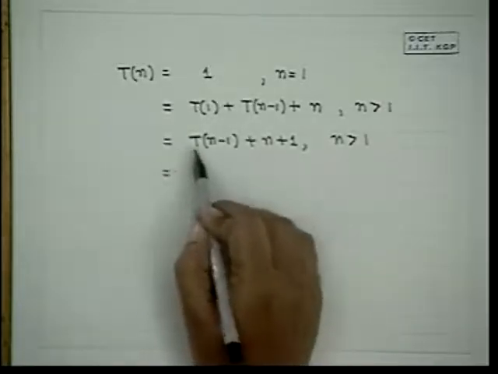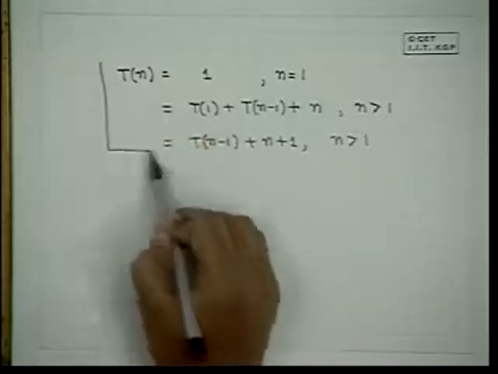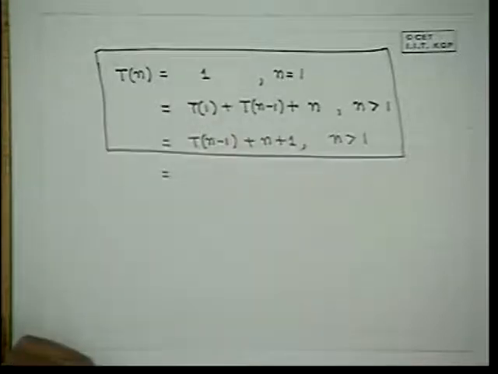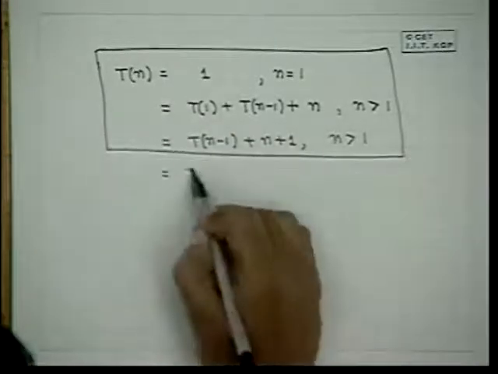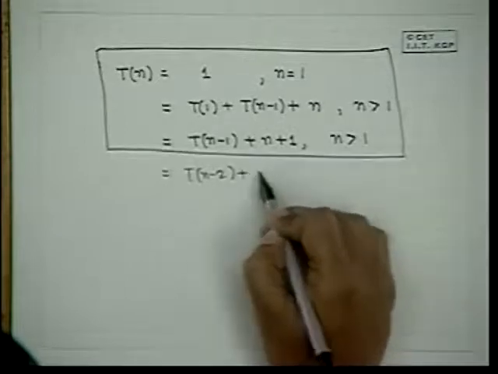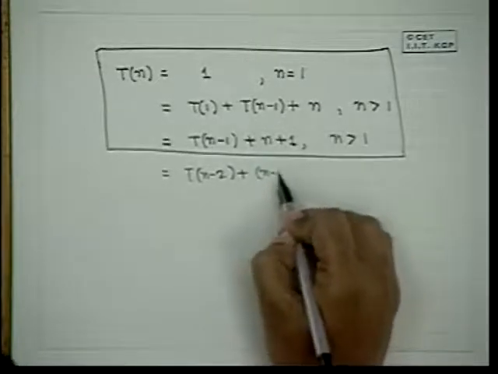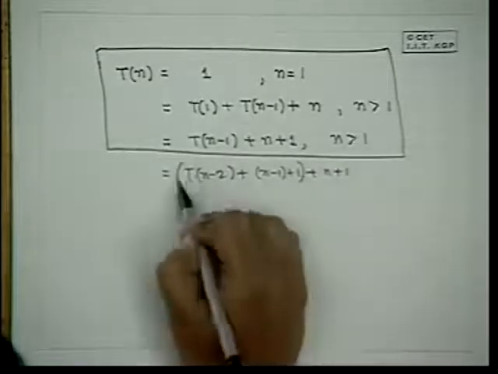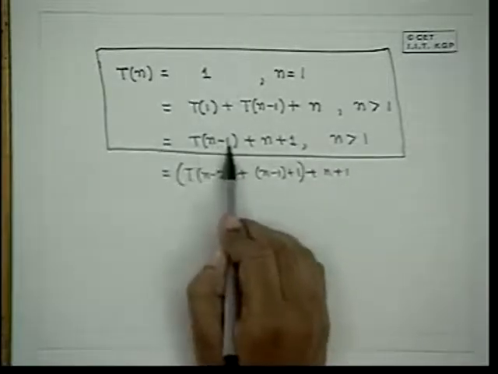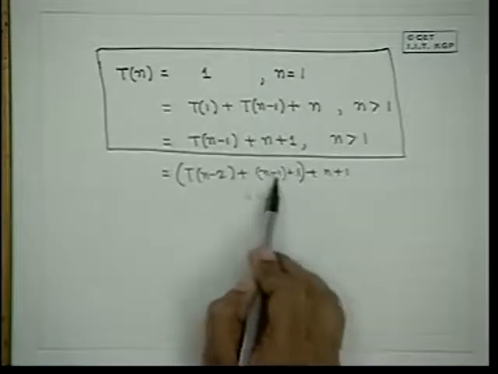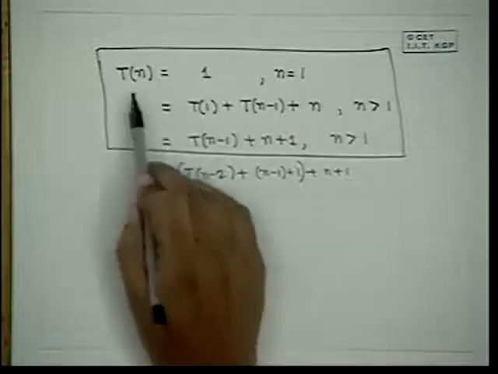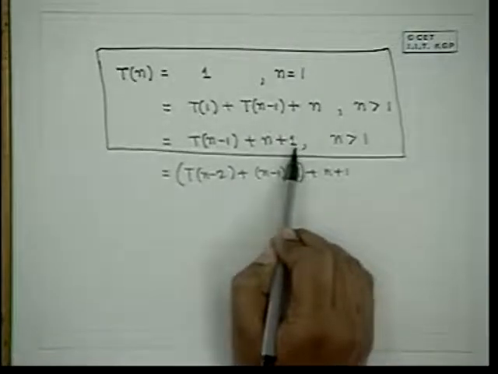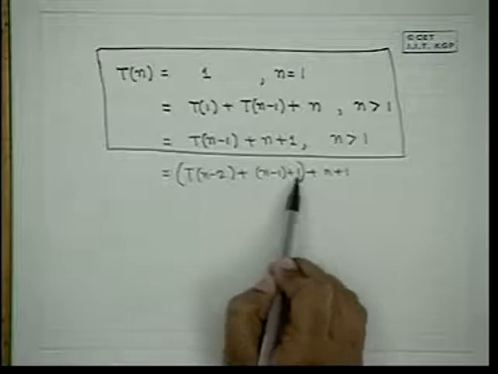If you start expanding this out, how will you solve it? Can you solve this? Try it. Expand it. T(n minus 2) plus n minus 1 plus 1 plus n plus 1. This T(n minus 1) will break up as T(n minus 2) plus n minus 1 plus 1, like T(n) broke up as T(n minus 1) plus n plus 1.